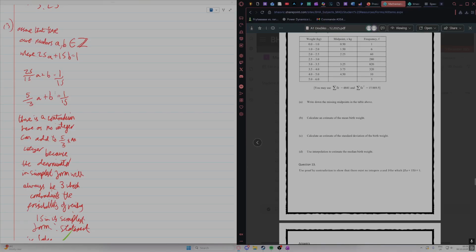I just said that if you add an integer to something with denominator 3 in its simplest form, then it will still be denominator 3 in its simplest form, so it can't get to 50, because this is denominator 15 in its simplest form, which means that this can't work.